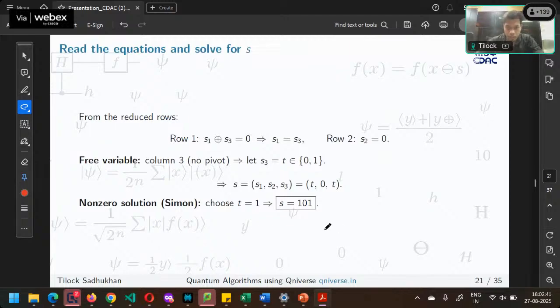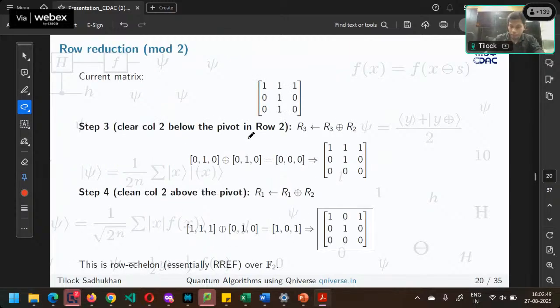I have assumed my s is a column matrix of s1, s2, and s3. So this is my W matrix, and here will be a column matrix with s1, s2, and s3, right?